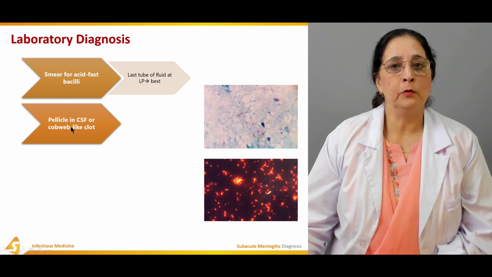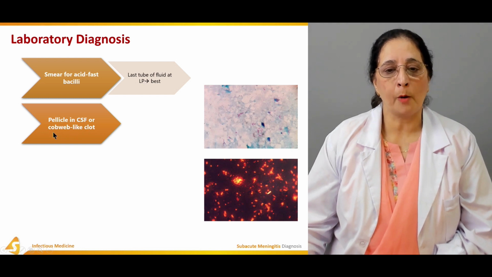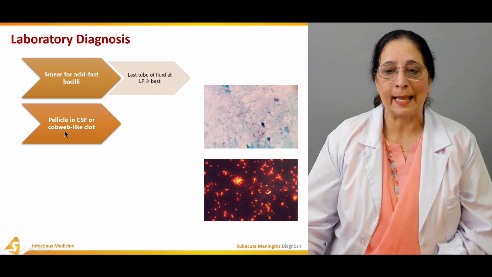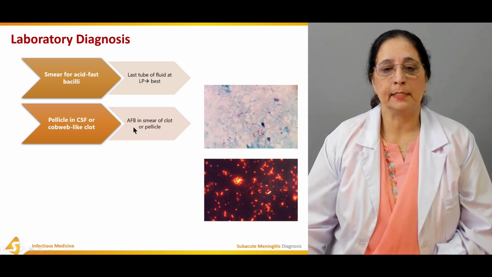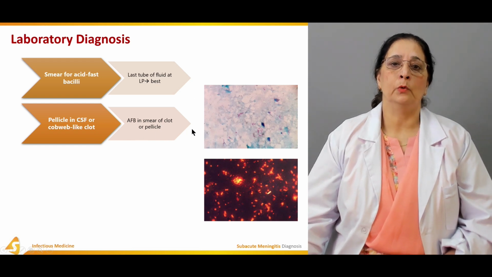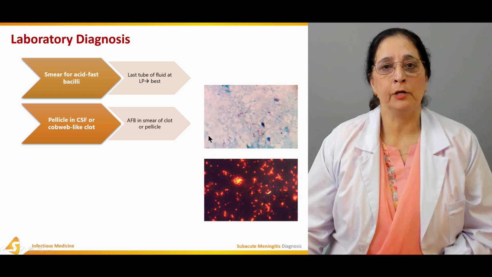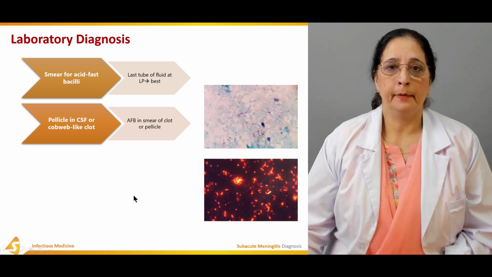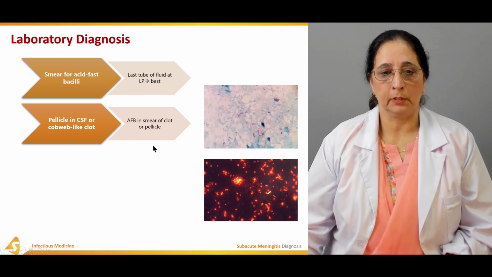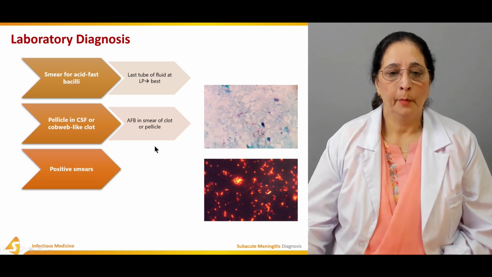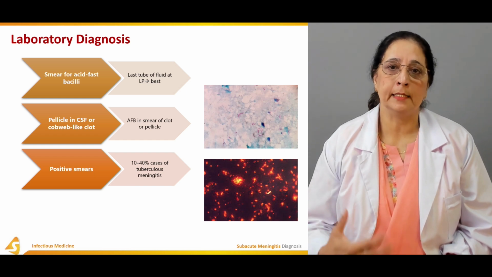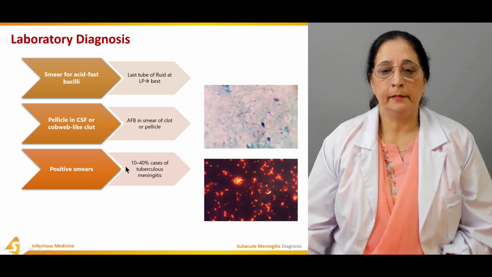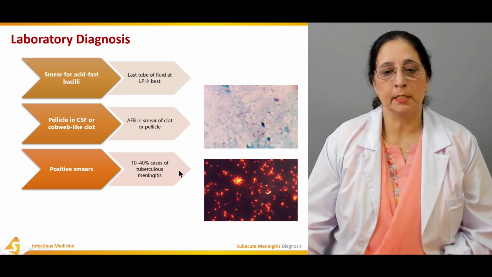Pellicle in cerebrospinal fluid, or a cobweb-like clot. Acid-fast bacilli in a smear of the clot or pellicle is also an important diagnostic point for Mycobacterium tuberculosis. If the smears are positive for acid-fast bacilli, this happens in 10 to 40% of cases.